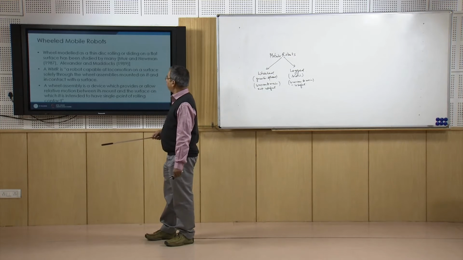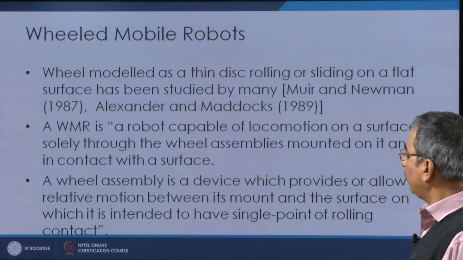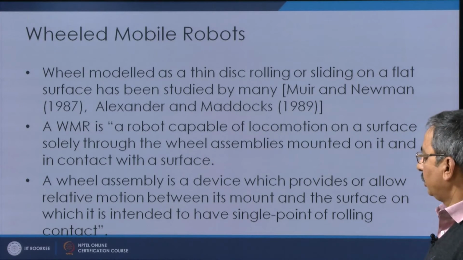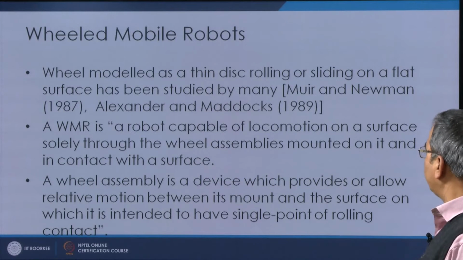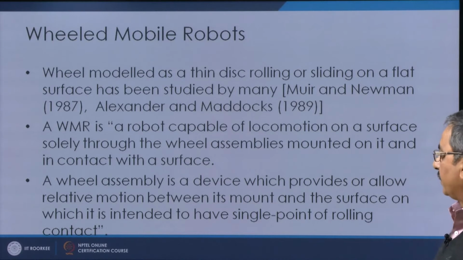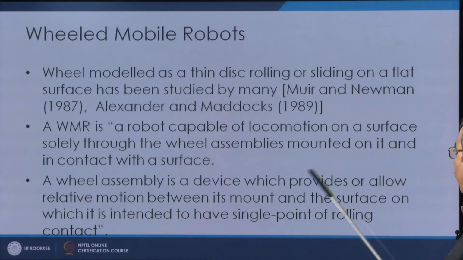A wheeled mobile robot is a robot capable of locomotion on a surface solely through the wheel assemblies mounted on it and in contact with the surface. Okay. And of course, a wheel assembly is a device which allows relative motion between the mount and the surface, on which it is intended to have a single point of rolling contact.